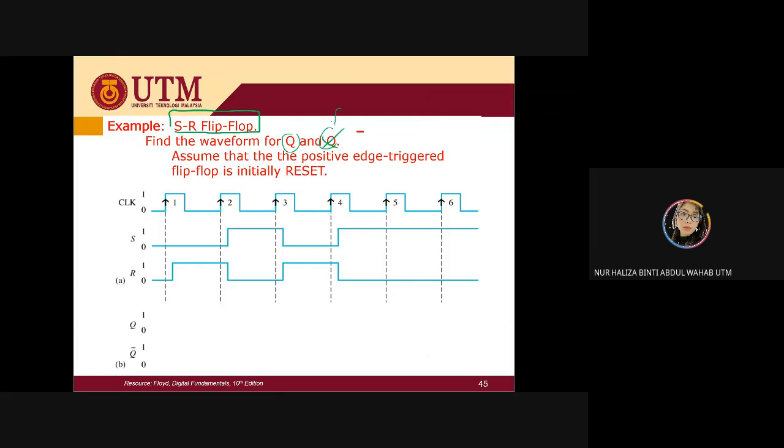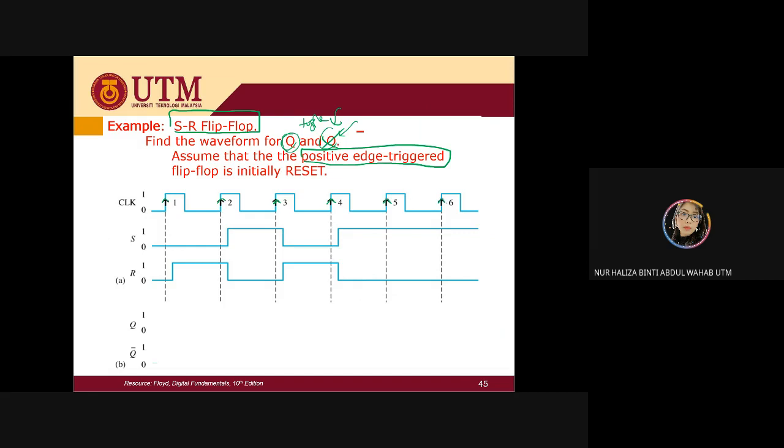This one doesn't matter because it's just a toggle of your Q. So as long as you know the Q value, of course, your Q bar you can toggle only. Assume that it is a positive edge. It's already mentioned there. You can see positive edge.